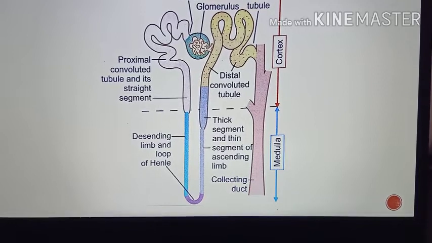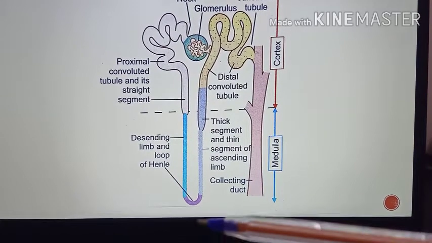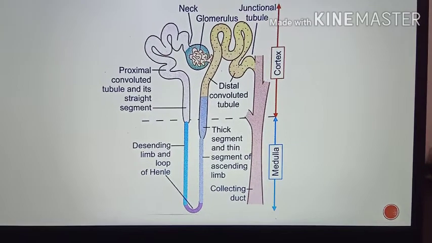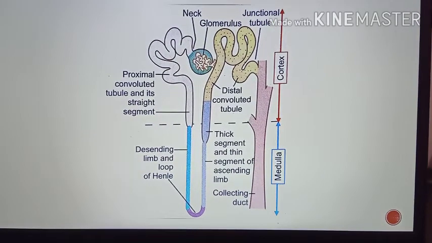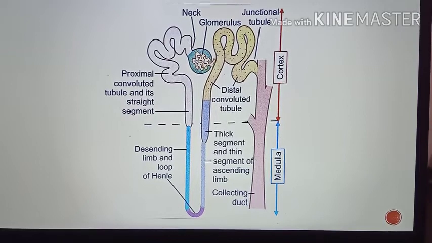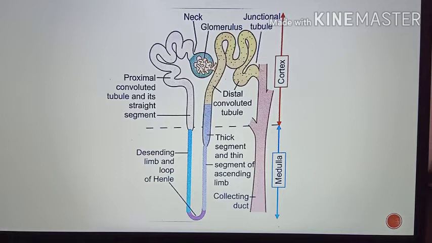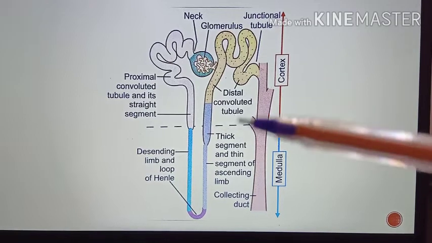The thin segment of the loop of Henle is around 15 to 30 micrometers in diameter. The thin segment is lined by simple squamous epithelium and the thick segment is lined by cuboidal epithelium.